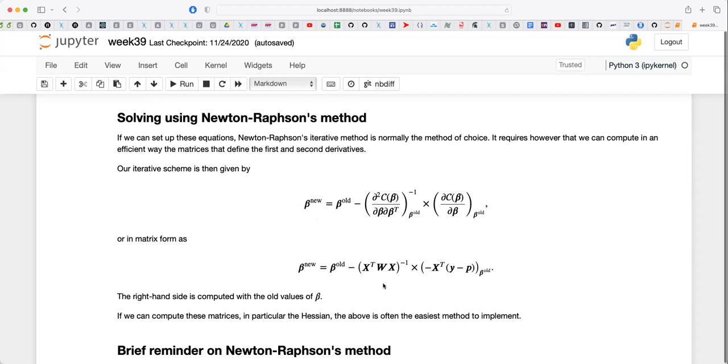If we didn't do that, we would have to include third derivatives, fourth derivatives, and so on. So we are assuming that quantities beyond the second derivative are negligible. So that's an approximation we did in order to be able to obtain Newton's method.